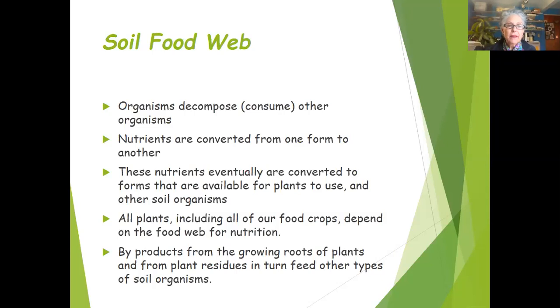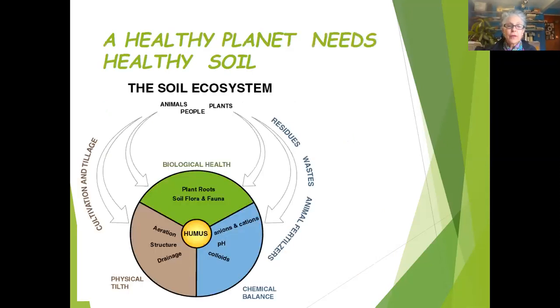Let's circle back to the diagram on the healthy soil ecosystem that we looked at in part 1. Because an ecosystem by definition is cyclical, there is no waste in a natural system, only inputs cycling around. Unfortunately, a lot of the systems that human beings have put in place are linear and not cyclical.